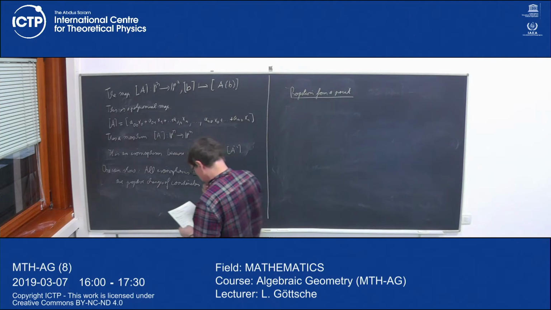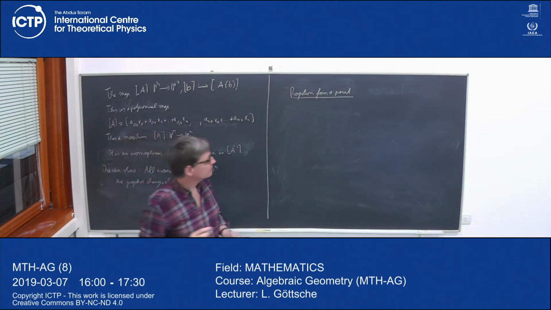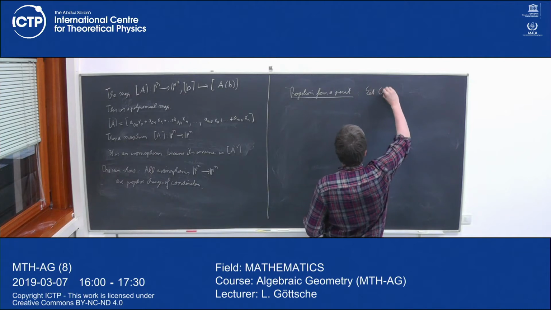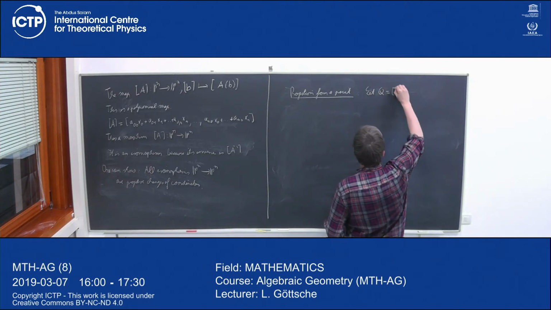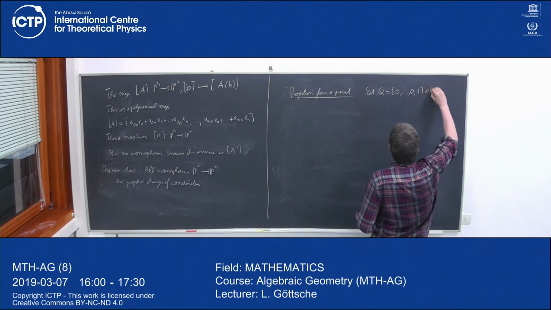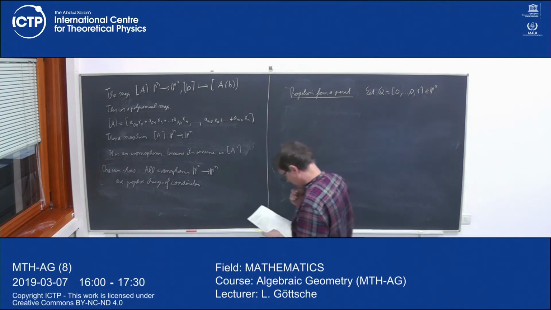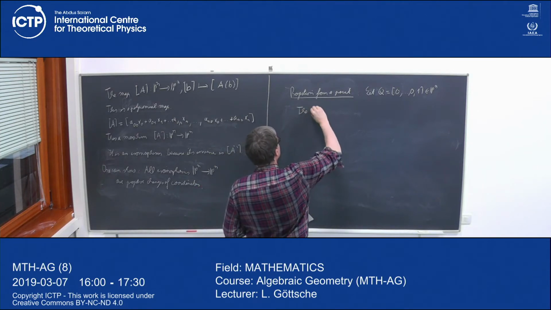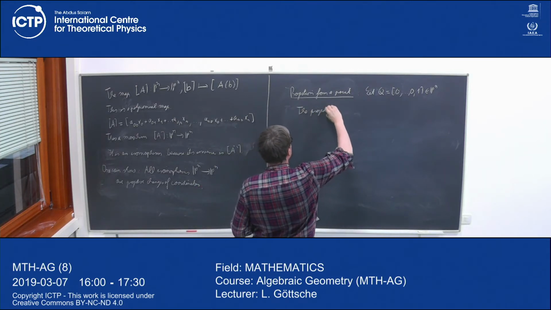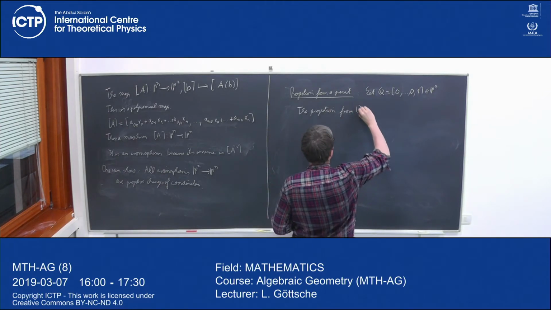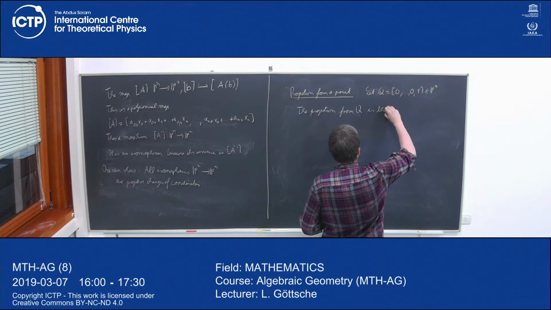So in this particular case, I just choose my point, this point. And so the projection from Q is the rational map.